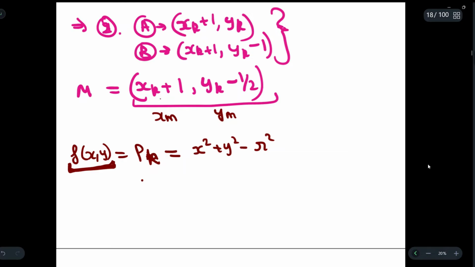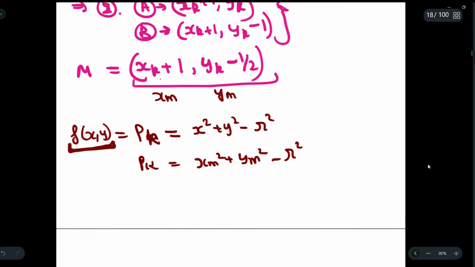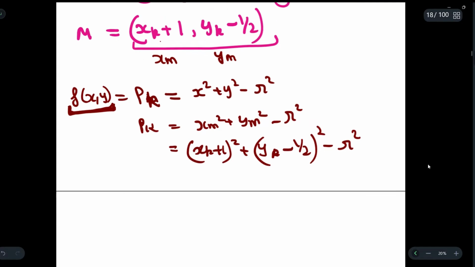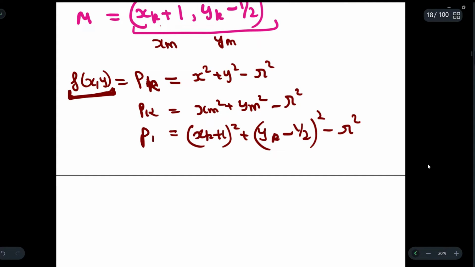Now over here we will write the value of pk as xm square plus ym square minus r square. That is, we will put the values of xm and ym. On doing so, you will get xk plus 1 whole square, and here you will get yk minus half whole square, minus r square. Now we have got the value of pk. This is the value of pk.